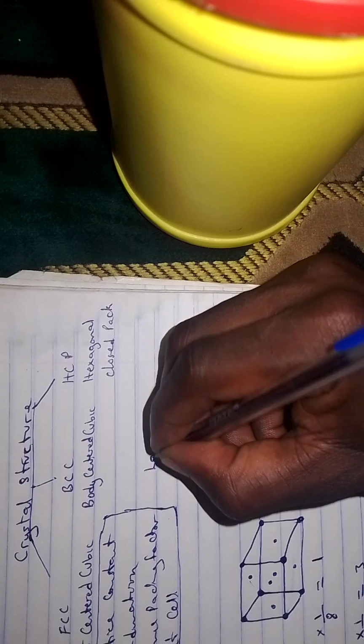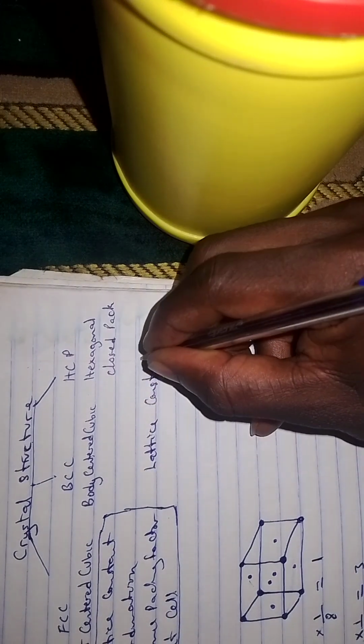But before we can calculate the atomic packing factor, we first have to find the lattice constant. The formula was derived from the unit cell box, and here it is.